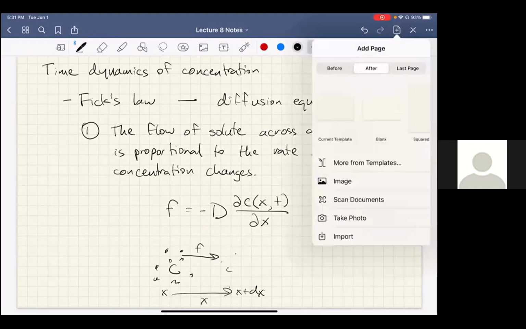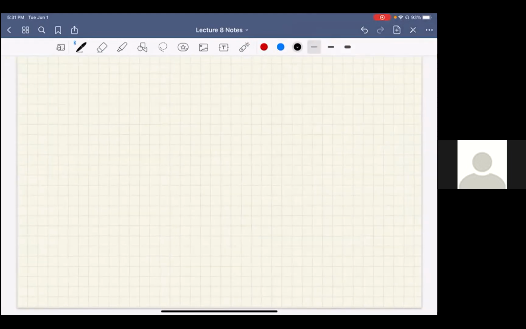So from that comes the second Fick's law, which works like this.